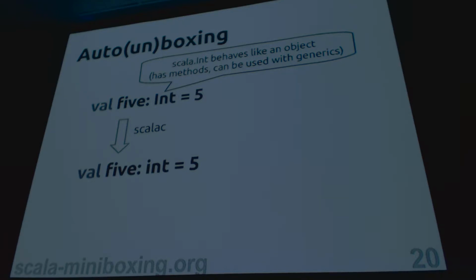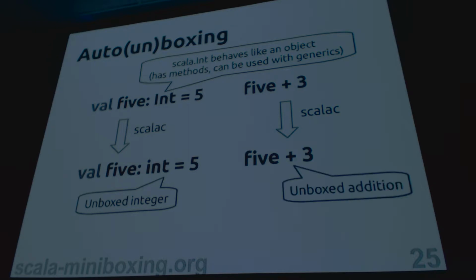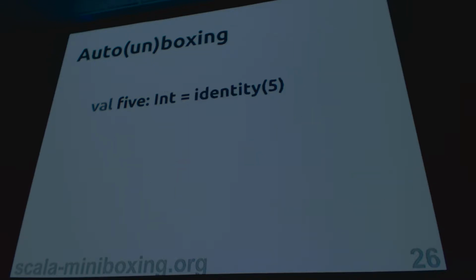Whenever possible, even though in Scala all the integers look as if they're objects, they're not. The compiler does this for you, and you have an unboxed integer. If you have 5 plus 3, it will also get unboxed, with an unboxed addition. So this is pretty good.